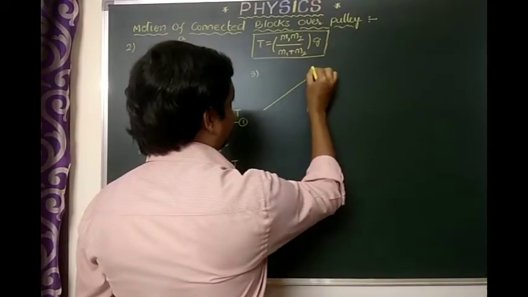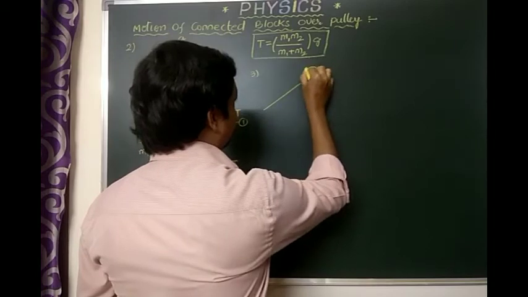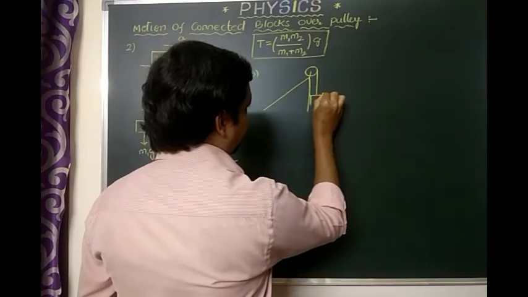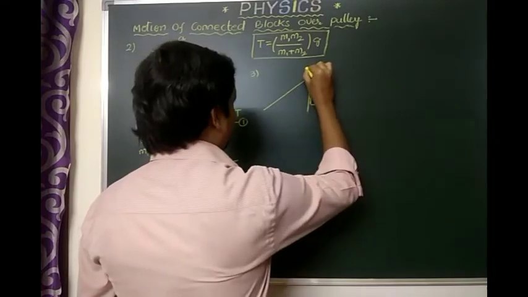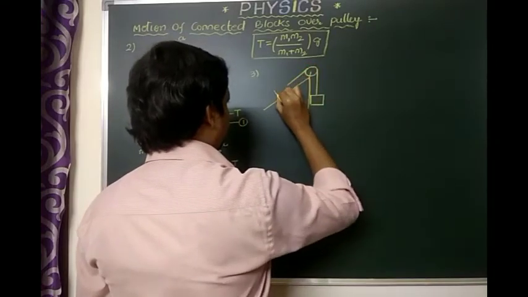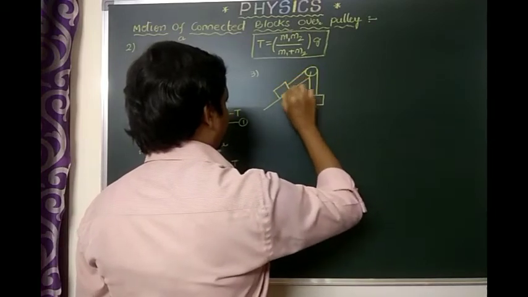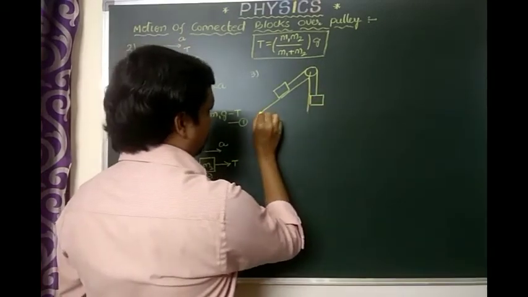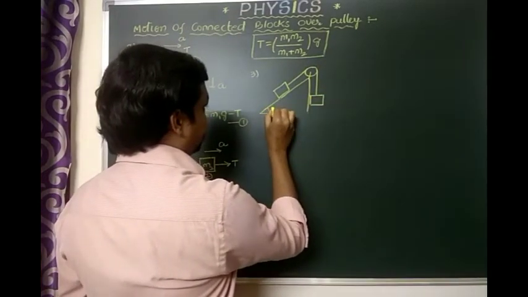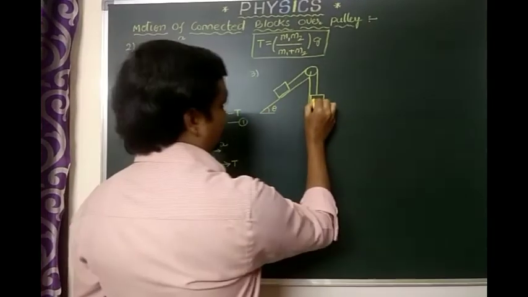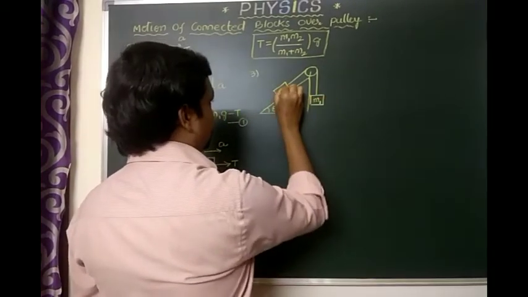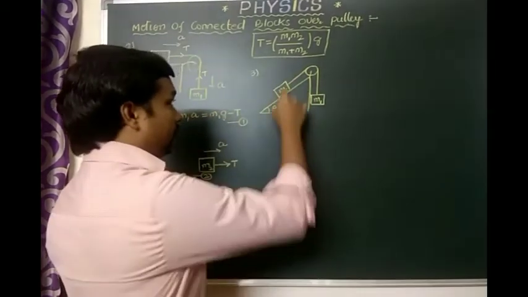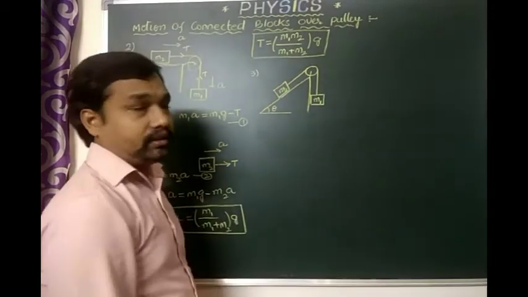Here we have a pulley, and over this one block is suspended, and one more is placed over the surface. Here this is the angle made, you can consider theta. M1 body and this is M2 body. This is the object on the inclined surface.